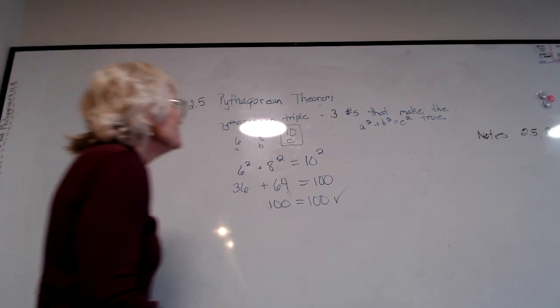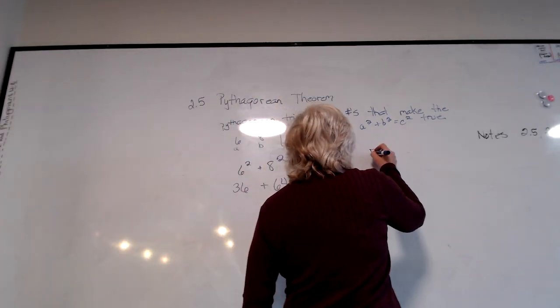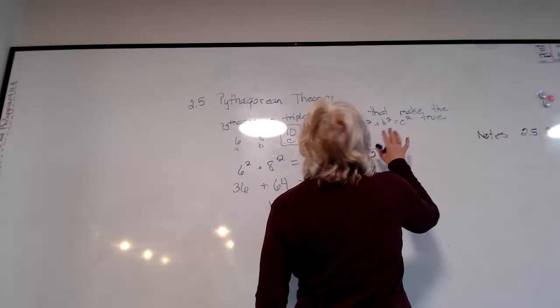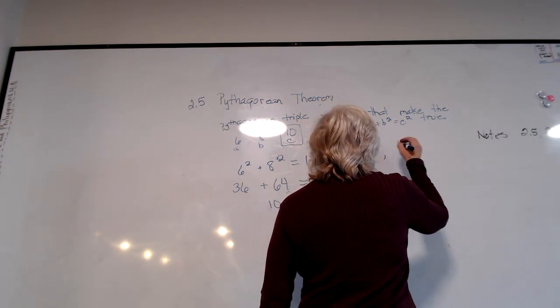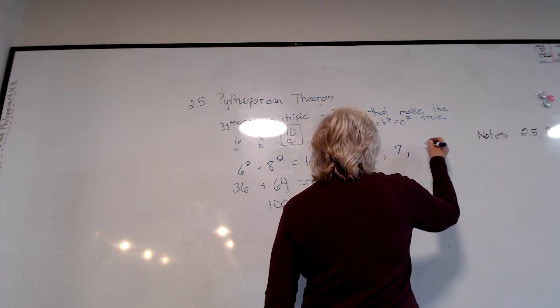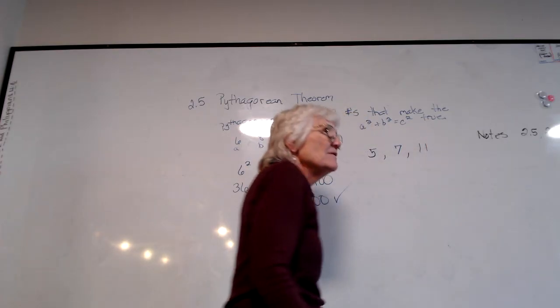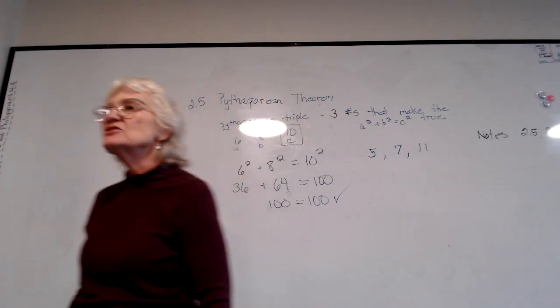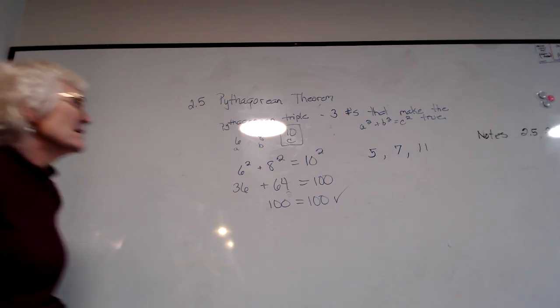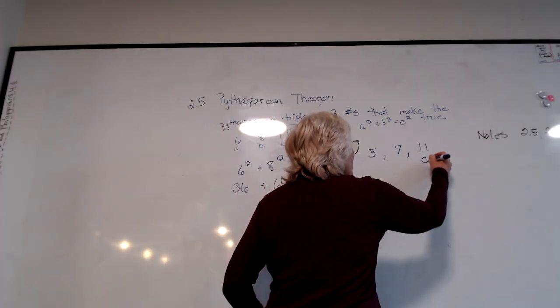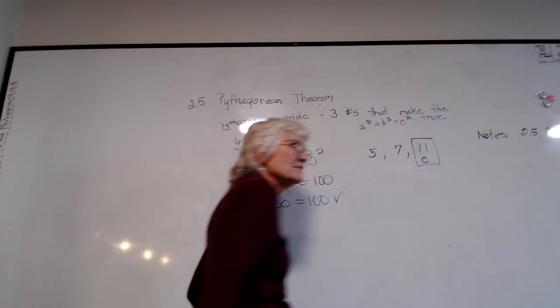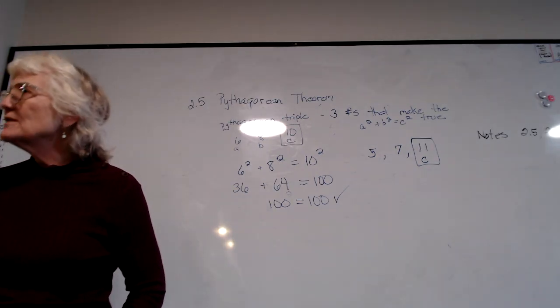How about we do 5, 7, and 11. We're going to check to see if it's true. Okay, this one has to be C because it's the longest one. It doesn't matter what the other 2 are.